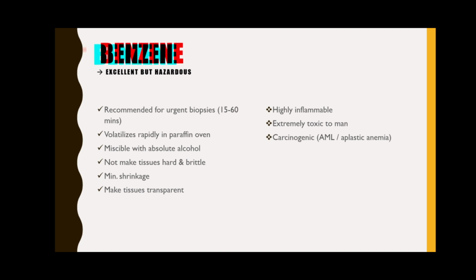Excessive exposure to benzene may be extremely toxic as well to man and may become carcinogenic. This may also damage the bone marrow, resulting in aplastic anemia and also causes acute myeloid leukemia. If ever benzene is to be used for clearing, the laboratory should be well ventilated.